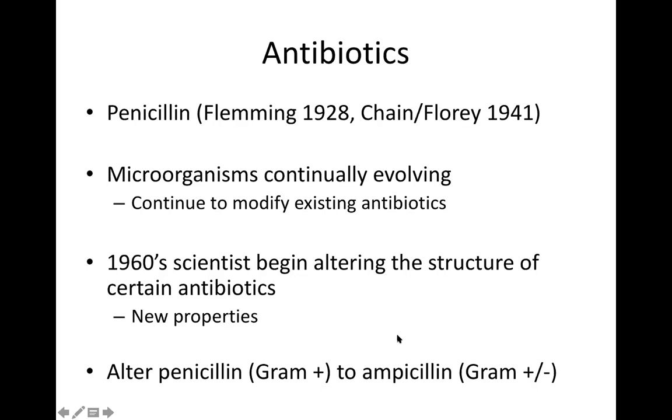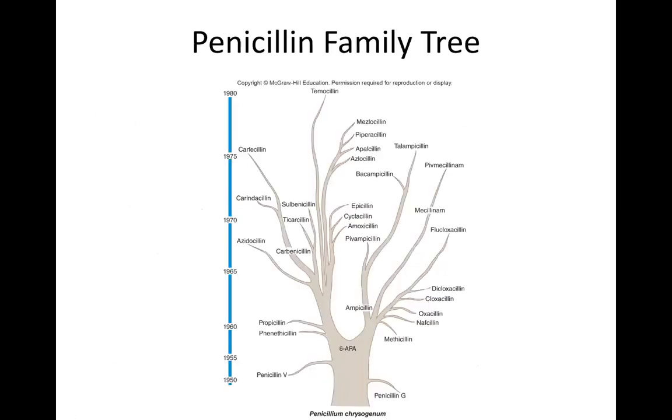Some of you maybe have taken ampicillin, and interestingly, it's from the same original structure, but the modifications now make ampicillin a good antibiotic against gram-positive and gram-negative bacteria. I know we haven't really talked about it yet, but I will give you a brief introduction as to what gram-positive and gram-negative bacteria are.